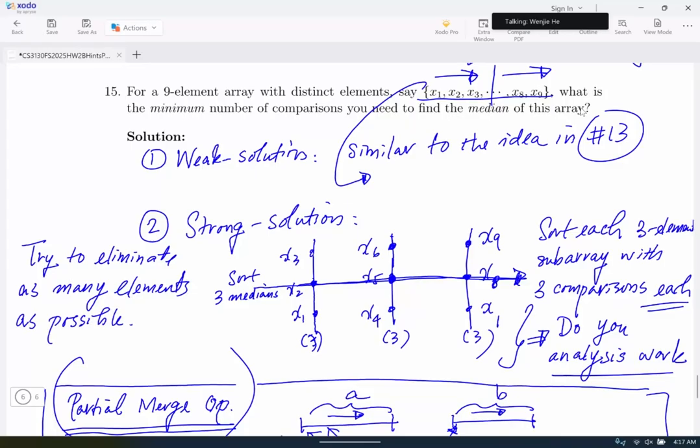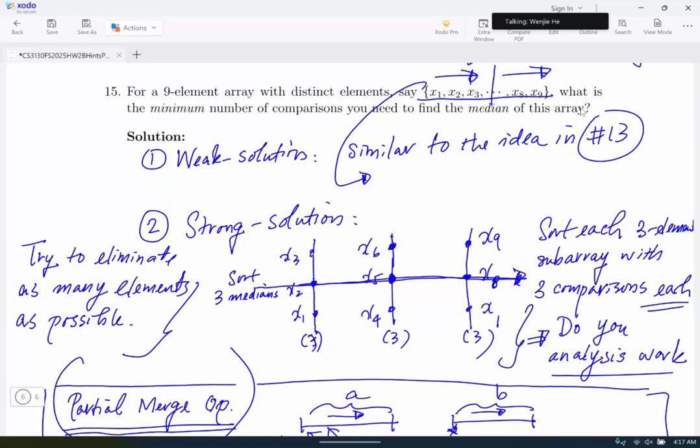After the elimination, you reduce the problem size. Then you complete the remaining part. You need to do some more analysis work. So it is challenging.